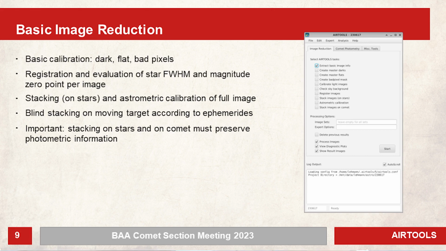You have just the usual steps from dark calibration, flat field, bad pixel, then registration of images, then stacking on stars, astrometric calibration, and you finally do a blind stacking on the moving comet by using the ephemerides. So you know the motion vector and you combine images by using that.